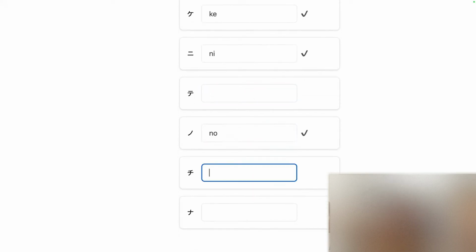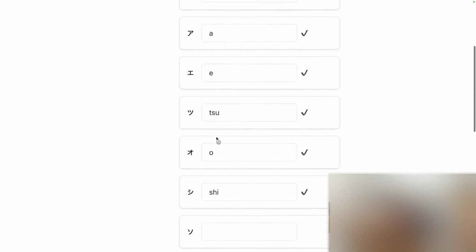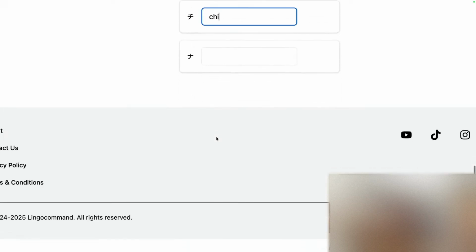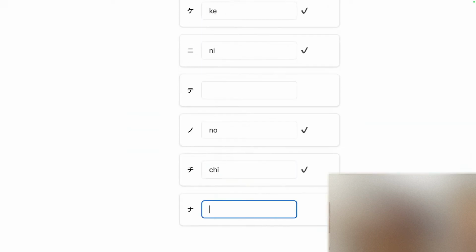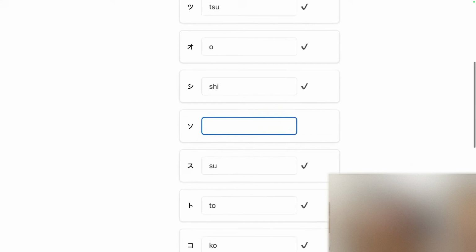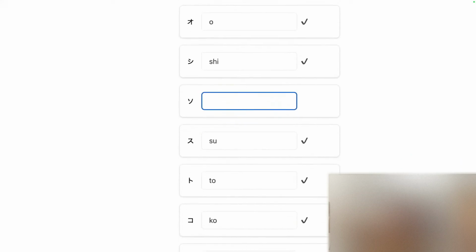This is No. This is, it's weird, but something in me says it's Chi, because I remember getting it wrong last time. So I guess that's just what it is. This is Na. And so by process of elimination, this gotta be Ni, right?